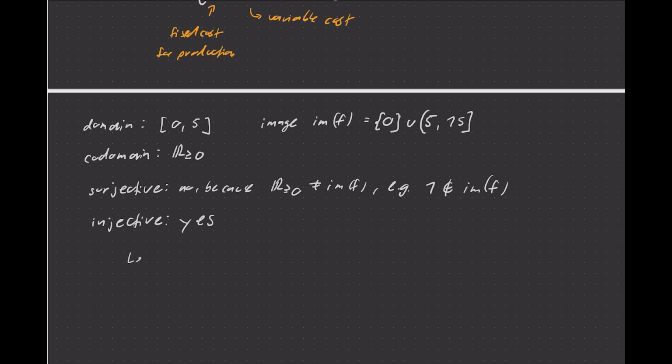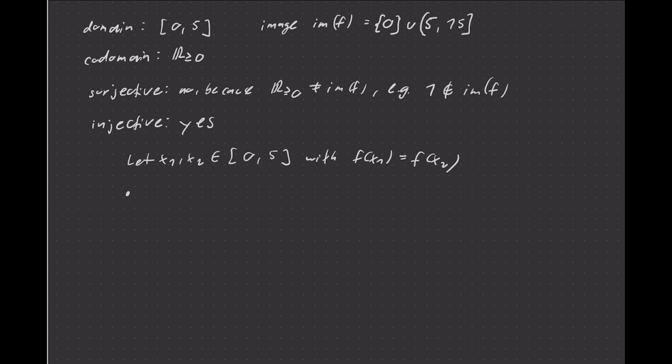So let x1, x2 be in 0 to 5. And let's assume we have picked x1, x2 such that their function values coincide. So f of x1 is equal to f of x2. Now we need to show that actually x1 is equal to x2. Nothing else can be. That's what we want to show.